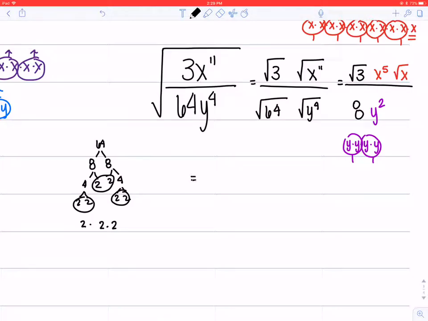In this case, it's only x to the 5th. Now the square root of 3 and the square root of x, I can move those to the back and stick them under one radical. So the square root of 3x over 8y squared. So that will be your final answer.